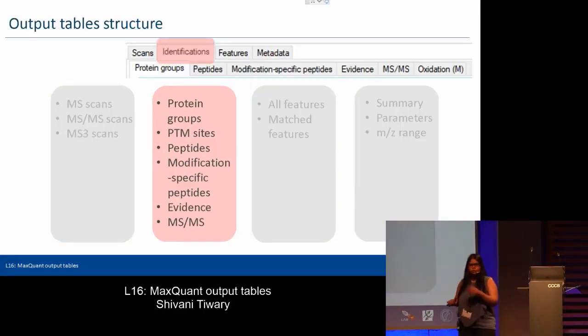Next we will spend some time on the identification tab, as this is the most useful level for most of us who are interested in just knowing what proteins they got from their experiment, its identification and quantification.